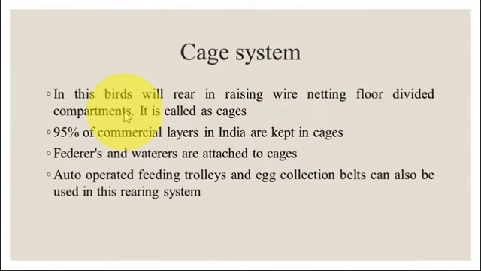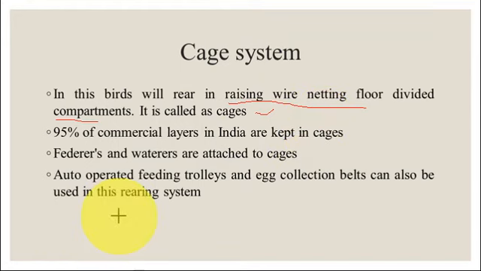Next, raising wire and making it a netting floor divided into compartments is called a cage.